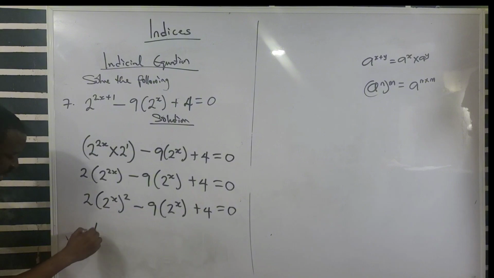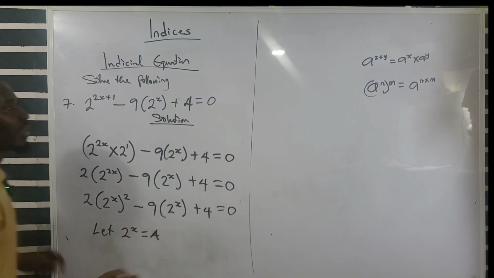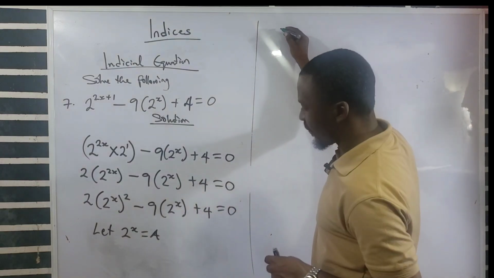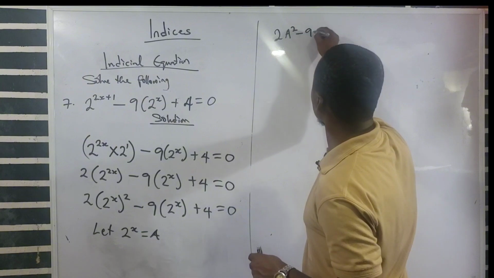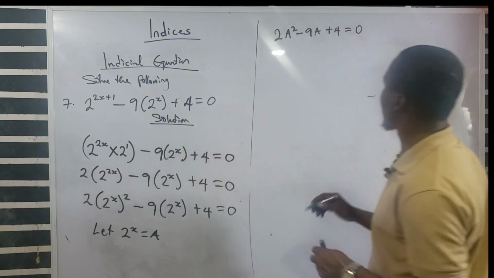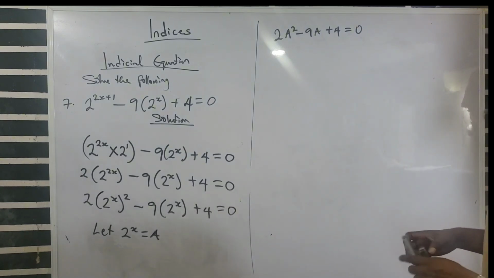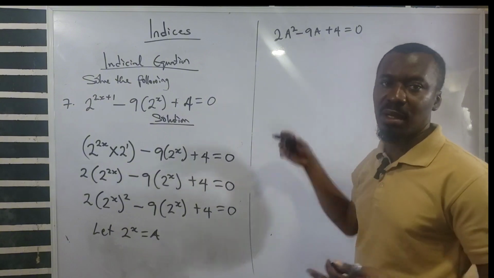So we can now say let 2^x equal a. So that will give us 2a squared minus 9a plus 4 equal to 0. So with that now, we can solve this using the quadratic method.